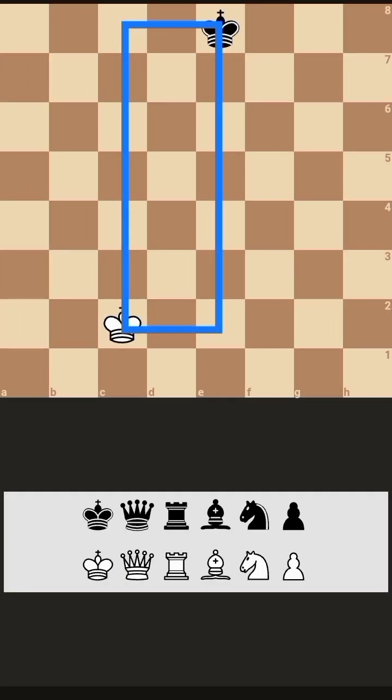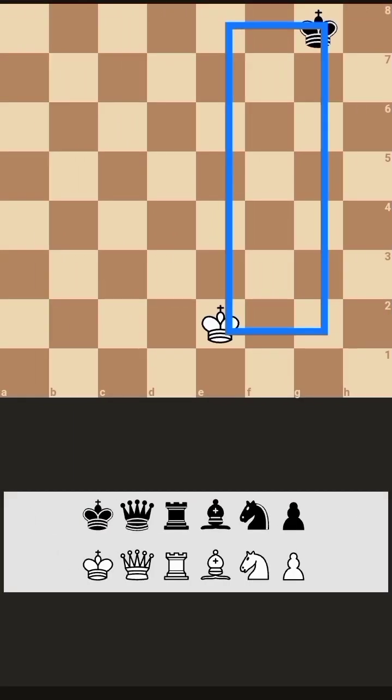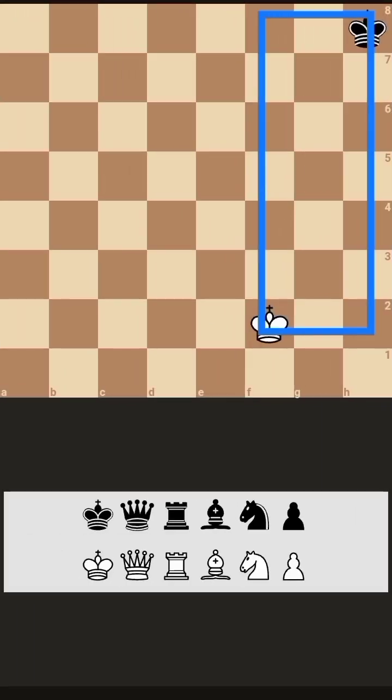If the king moves to f8, then king d2. Now if the king moves to g8, then the white king moves to e2. King g8, king e2. Now king h8, then king f2.